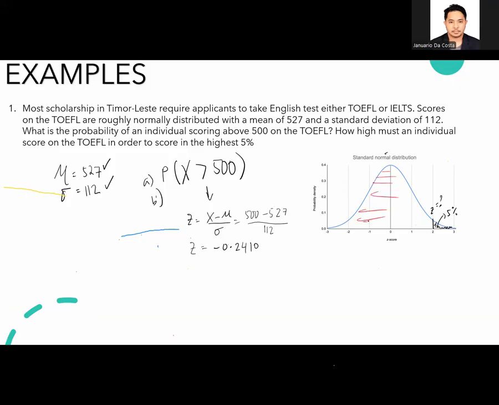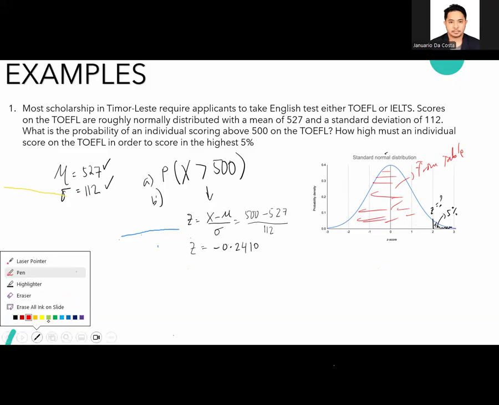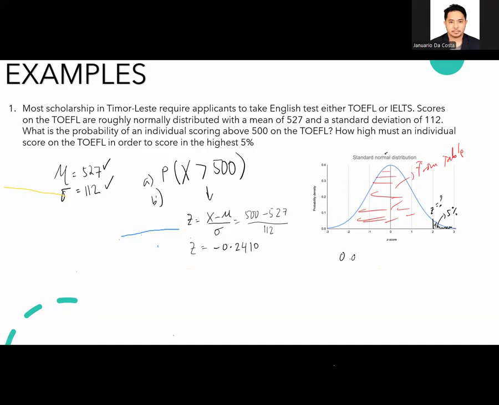Everything to the left of the z line is from the table. So the area of 0.05 is equal to 1 minus the probability of that z value that you don't know.